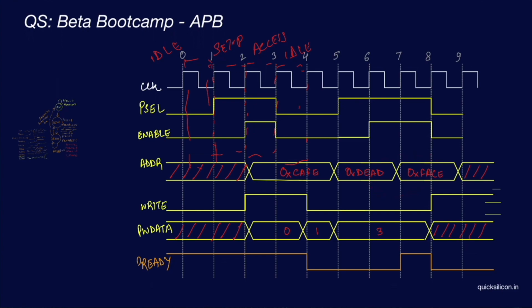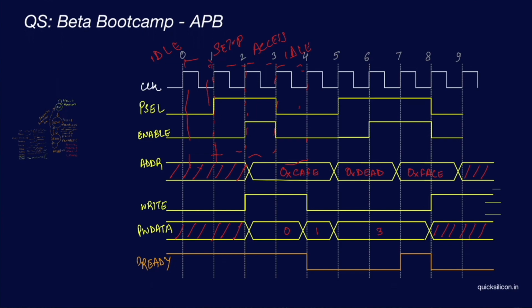So in that case, let's say what happens here, if your slave had asserted ready on this cycle instead, then it would have taken this particular transaction to this dead address, which would have meant that the data which the slave would return would correspond to this address, whereas your master wanted the data for this particular address.